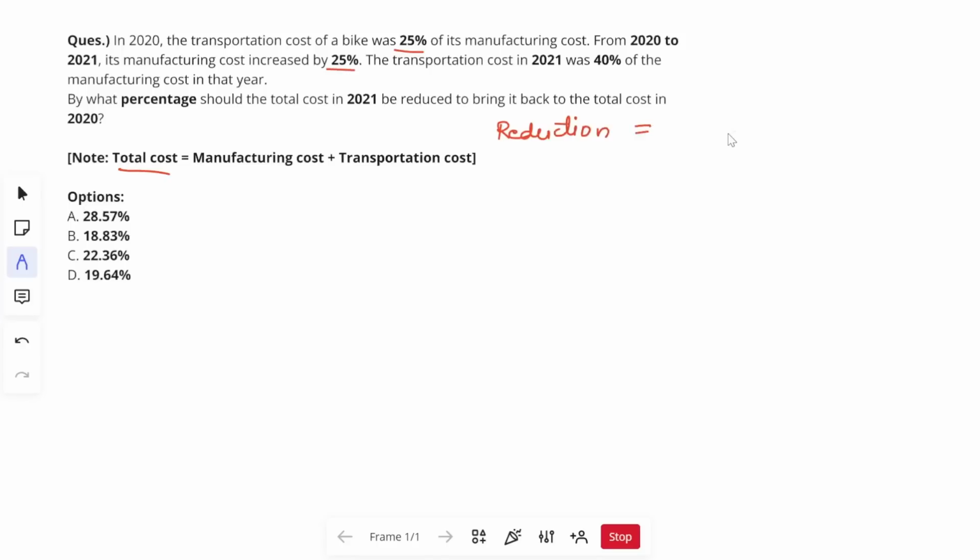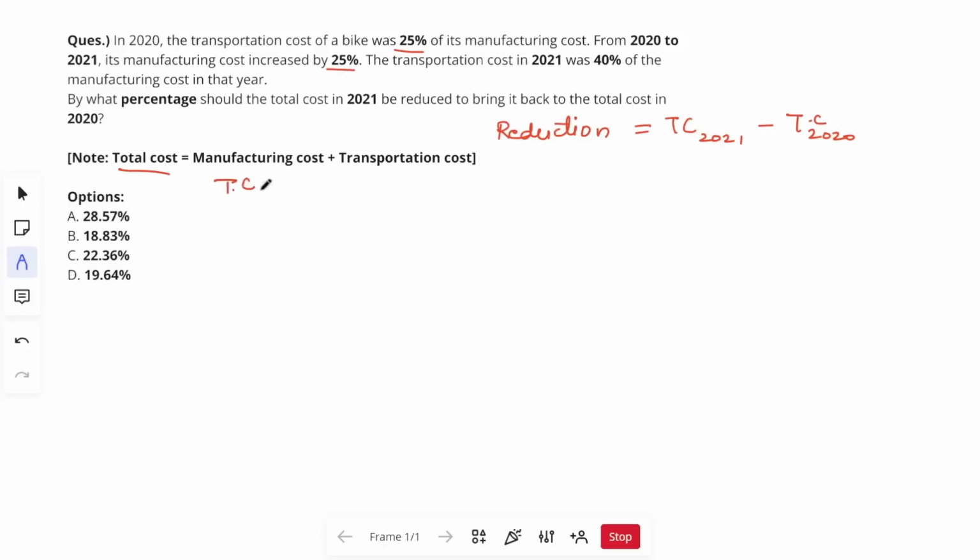Reduction can be done by total cost in 2021 minus total cost in 2020. If we do that, we get the reduction. Now in order to get total cost in 2021 and total cost in 2020, we need to find some things. So let's start with total cost in 2020.